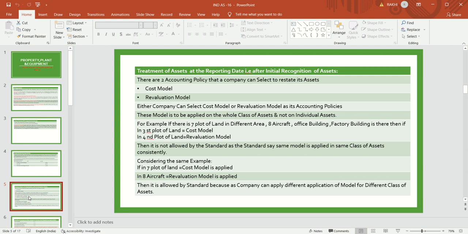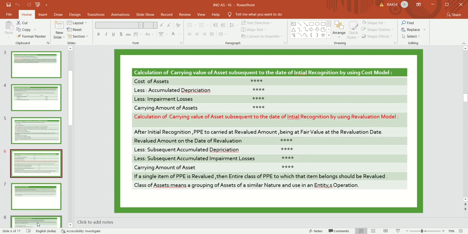So the standard says that the company can apply different models for different classes of assets. Now this is the calculation of the carrying value of assets subsequent to the date of initial recognition, by using the cost model.